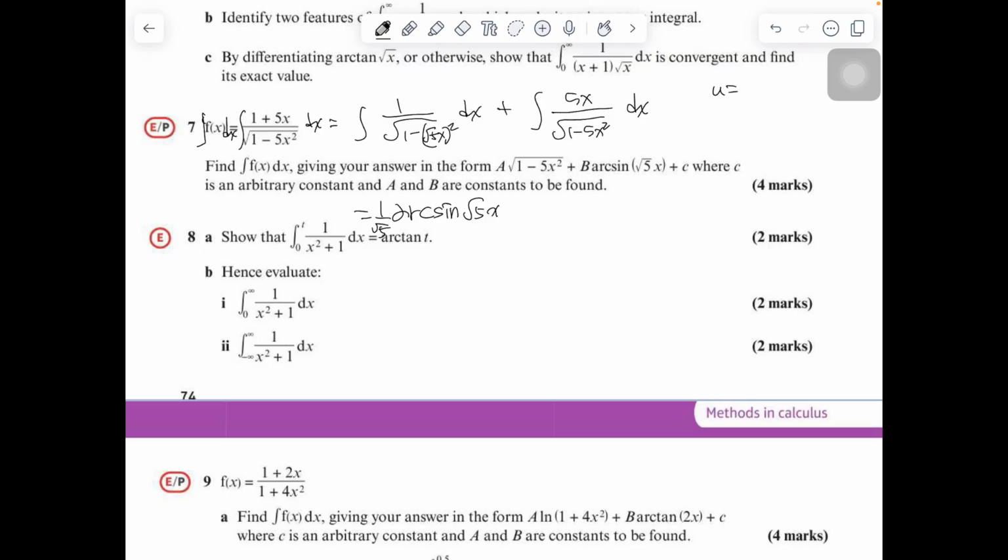So here u becomes 1 minus 5x squared, du becomes negative 10x dx, then dx is du over negative 10x. So integral u to the negative 1 over 2, times 5x, du over negative 10x.